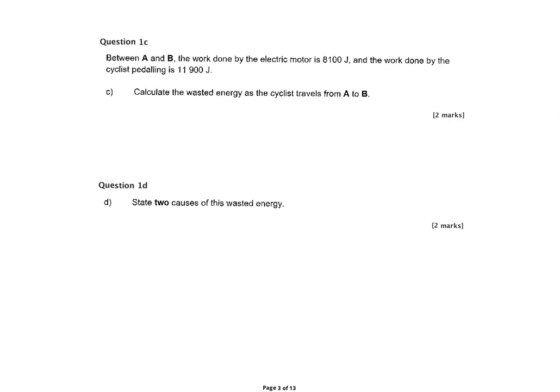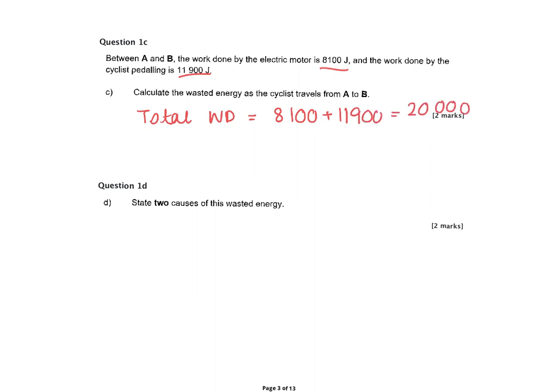Question 1c. Between A and B, the work done by the electric motor is 8,100 joules and the work done by the cyclist pedalling is 11,900 joules. Calculate the wasted energy. We're first going to work out the total work done, and that's both of those added together, which gives 20,000 joules.